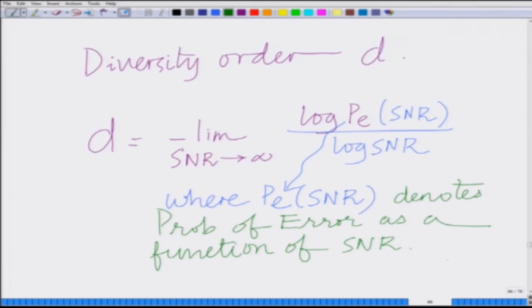So, the diversity order of the system is minus limit SNR tends to infinity, that is at high SNR, log PE of SNR divided by log of SNR. This is the definition of the diversity order of the system, which characterizes the diversity of a system.